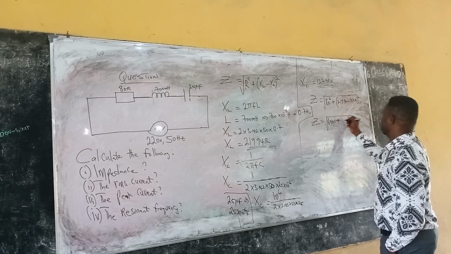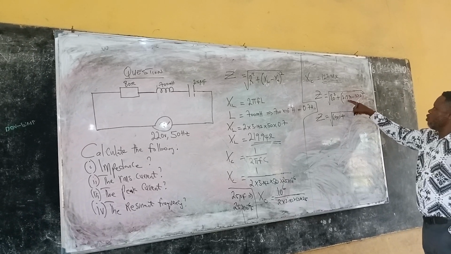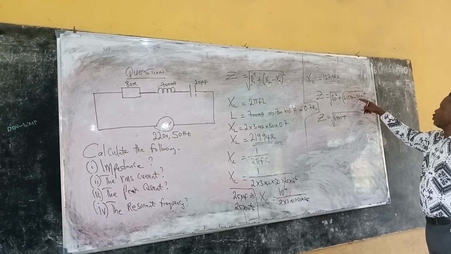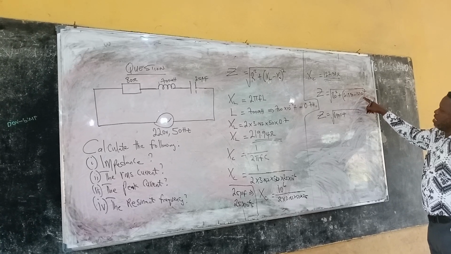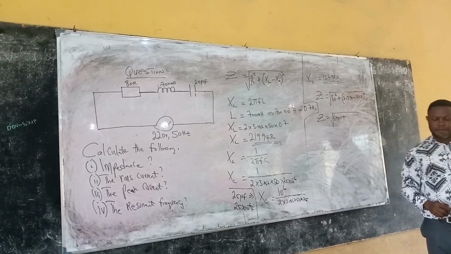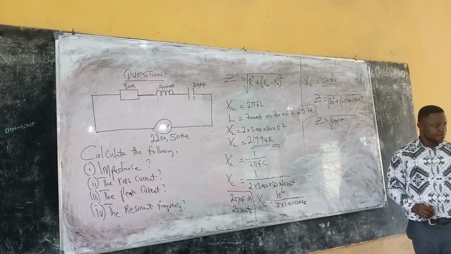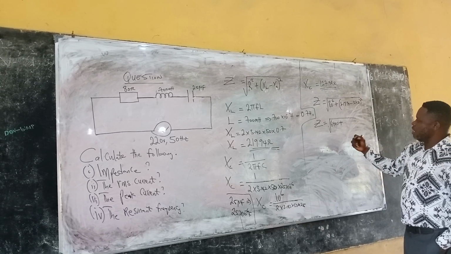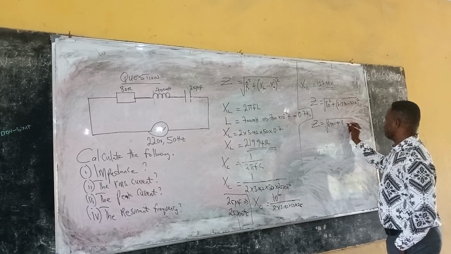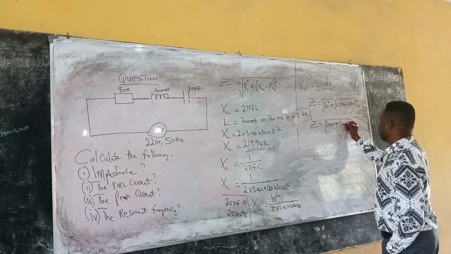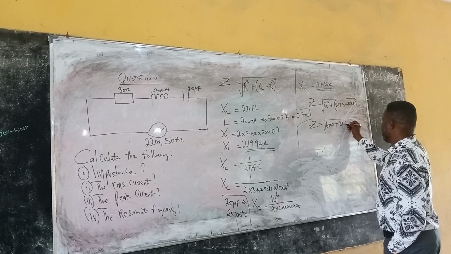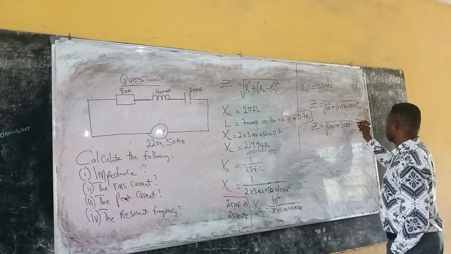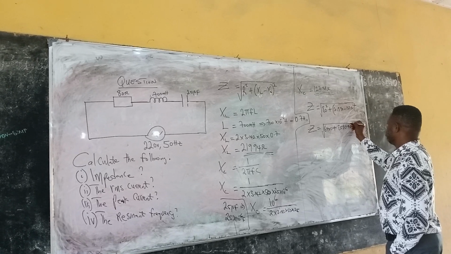6400 plus 219.94 minus 127.31. Then you now square it. Everything that will give you what? 8.32.